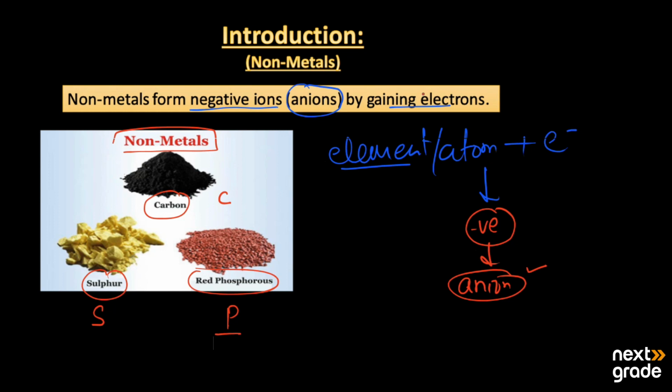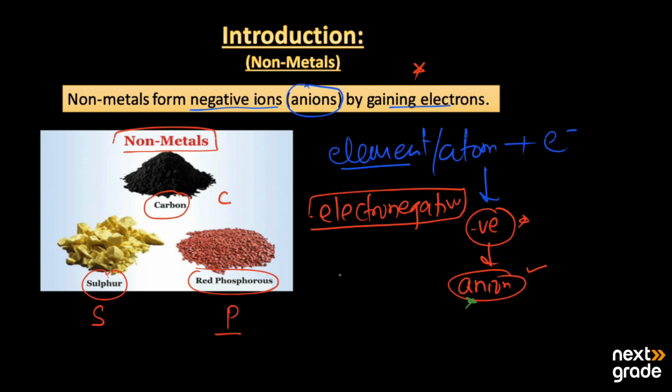Not like metals, which lose electrons, they have the property to gain electrons, known as their electronegative character. So non-metals are electronegative in nature because they can gain electrons and carry the negative charge. By gaining electrons and acquiring the negative charge, they form anions.